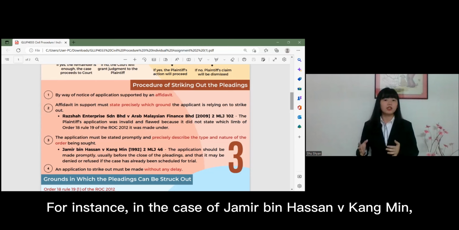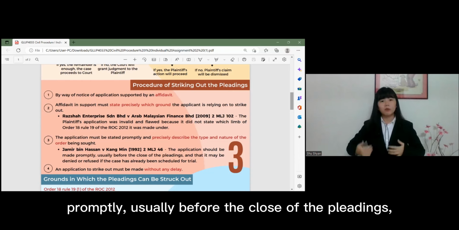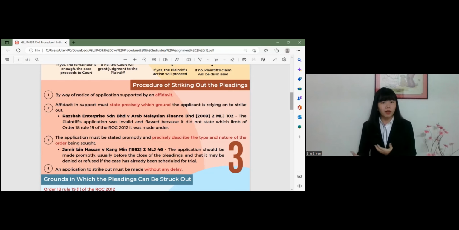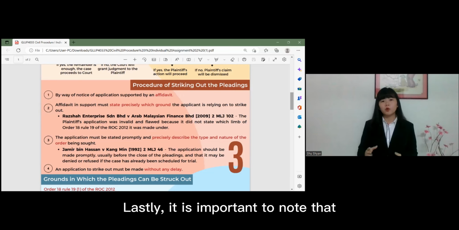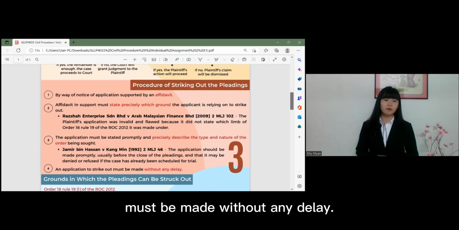For instance, in the case of Jamil bin Hassan versus Kang Min, the court ruled that the application should be made promptly, usually before the close of the pleadings, and that it may be denied or refused if the case has already been scheduled for trial. Lastly, it is important to note that an application to strike out must be made without any delay.